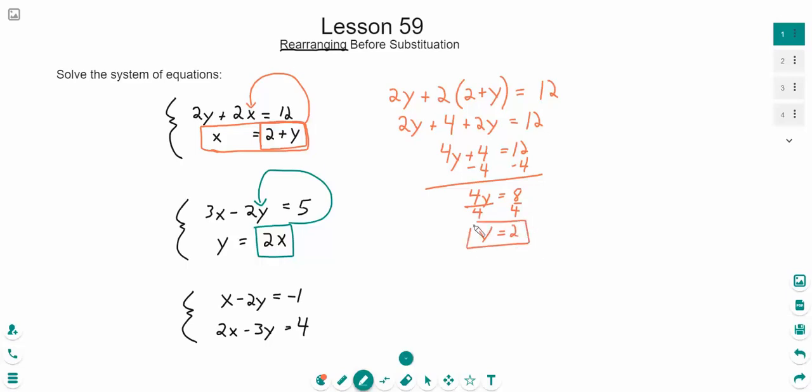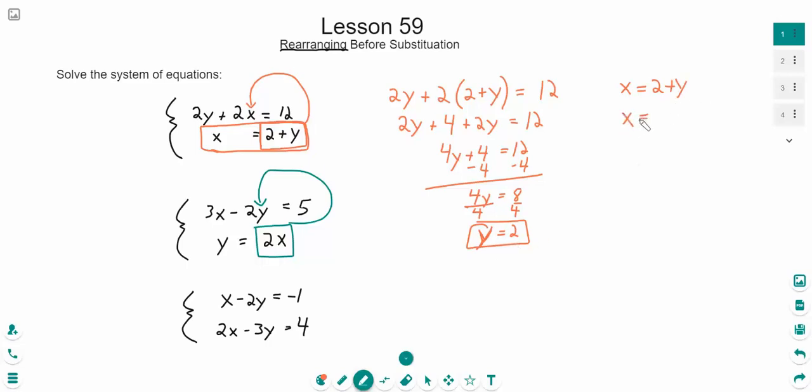All right, so that's part of our ordered pair. Now we can take that y is equal to 2 and plug that back in to either one of these equations to solve for x. We'll just choose the second equation. So we have for our second equation x is equal to 2 plus y. But now we can substitute this value of 2 for the y.